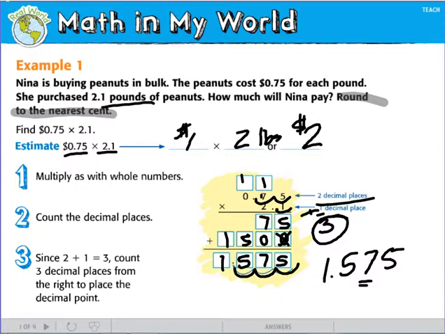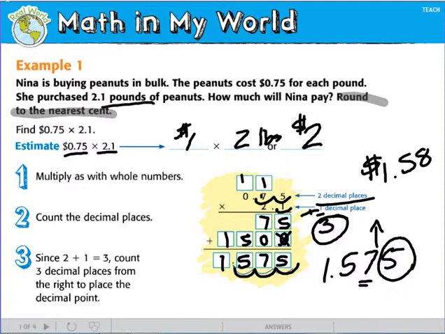So I have to round to the 7. What is next to the 7? 5. So what's going to happen to my 7? It turns to an 8. Right, because if it's 5 or greater, we go up. If it's less than 5, we stay the same, right? So this is going to give us $1.58.